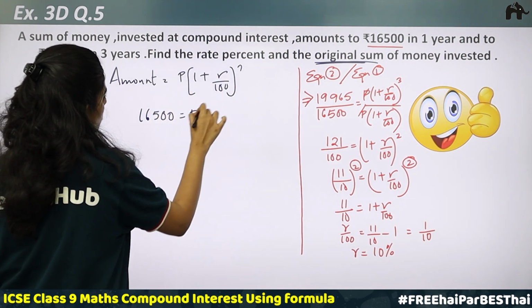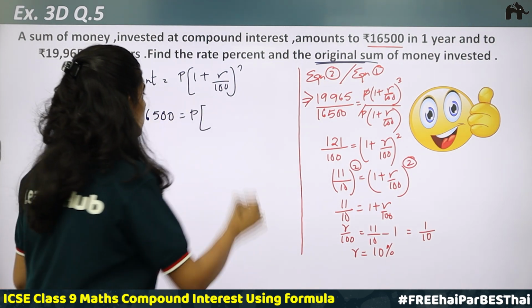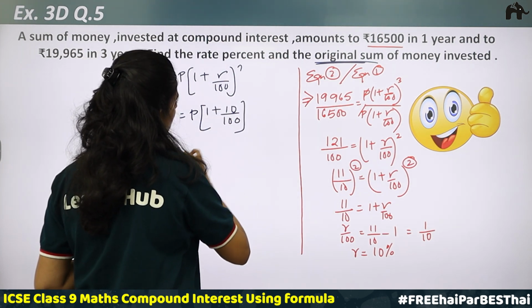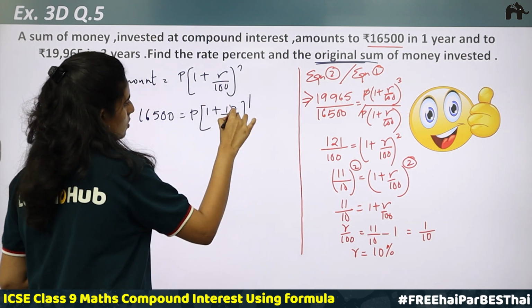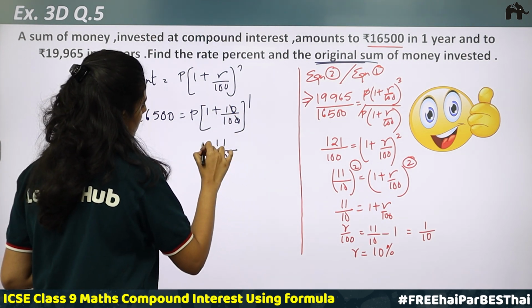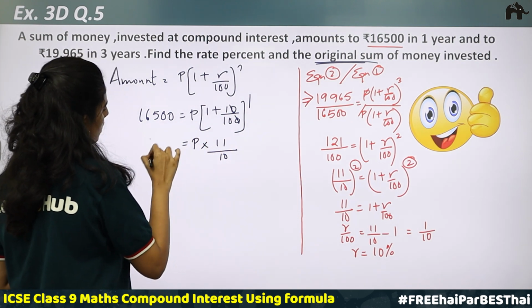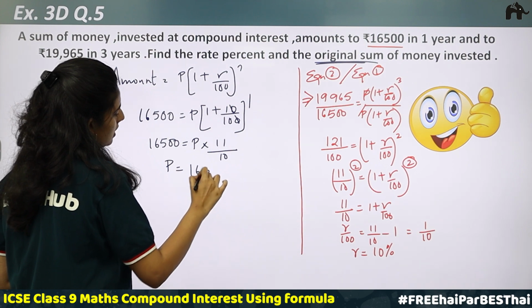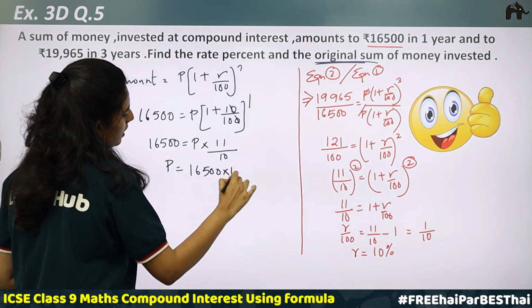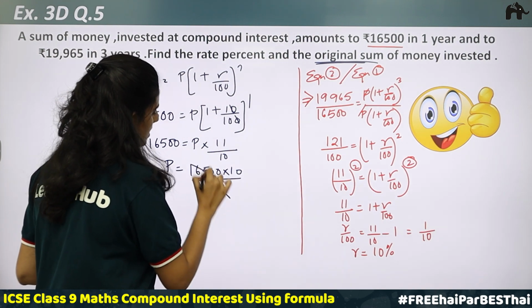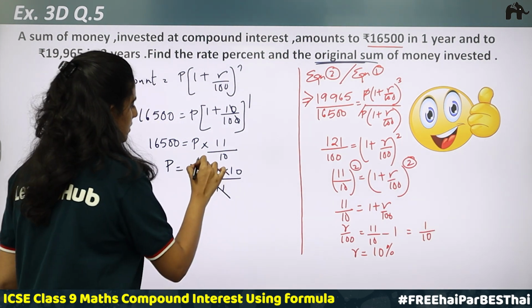16,500 is equal to P into 1 plus 10 by 100 whole raised to 1. Zeros get cancelled, so this becomes 11 by 10 into P is equal to 16,500, which means P is equal to 16,500 into 10 divided by 11. 11 and 165 can be cancelled, you will be getting 15.